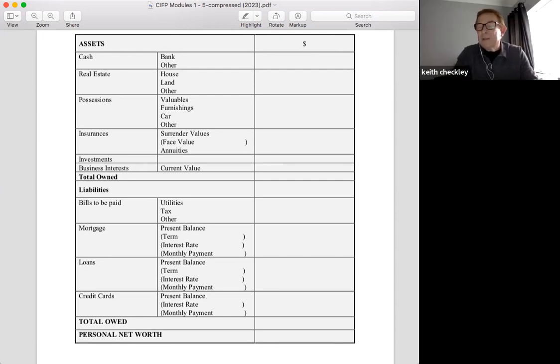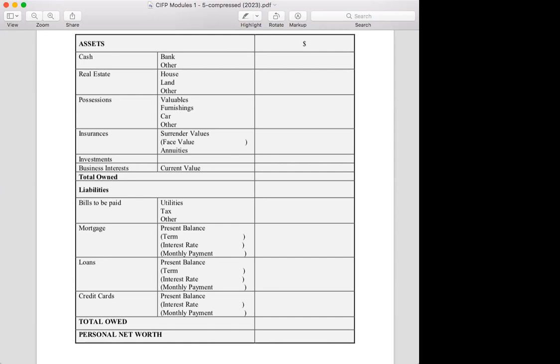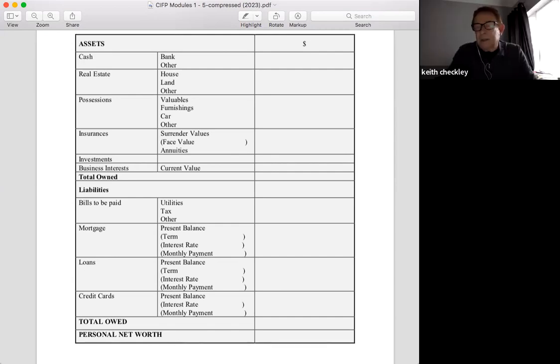So last week we started our journey and we talked to begin with about the concept of drawing up a balance sheet when we're dealing with personal clients, and a little bit later when we start to talk about small business accounts. In that situation, we should have a balance sheet from the business.